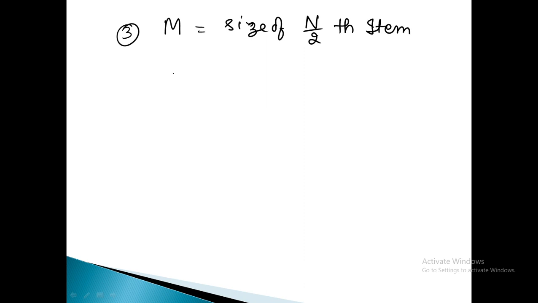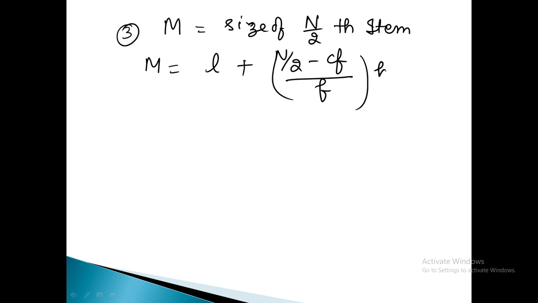And the third formula is used for finding median. If you find median from individual series or discrete series, then you can use size of (n over 2)th item, this formula. Or if you find median on class interval, then median equals L plus (n by 2 minus CF) over F, multiplied by h.